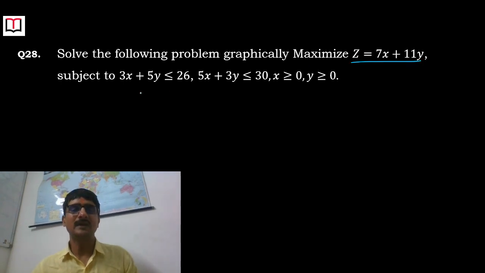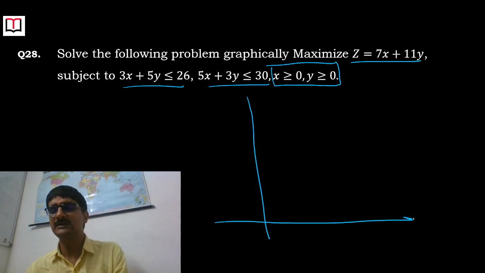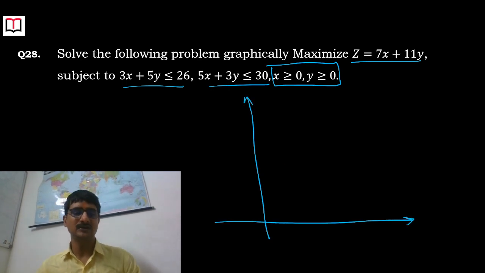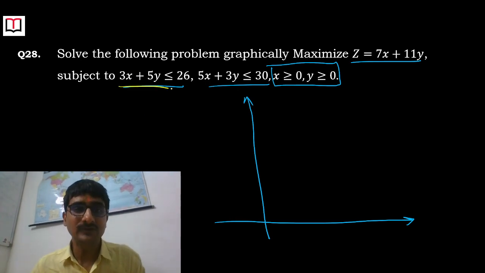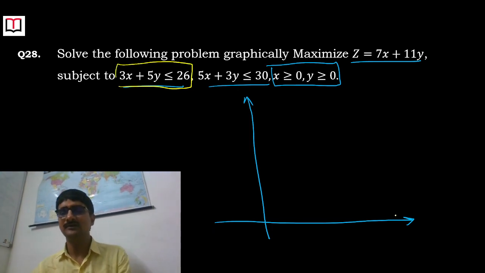Moving to question 28, graphically. So z, and then this is less than, this is less than. As I always say, we don't need to do it, because you all know the linear inequality for less than or equal to 0. If you try to simplify it, it will be more calculative. So this will be somewhere 9 here and this will be somewhere 5 here.